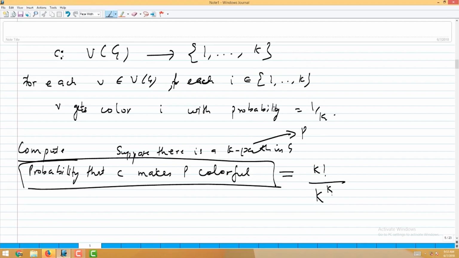So as we just saw, the number of ways in which we can make this path colorful is k factorial ways, depending on in which order I color the vertices of this path. And the total number of colorings that we can give to the vertices of this path are k power k: every vertex of this path can get colors from 1 to k. There are k such vertices, so k power k, right?